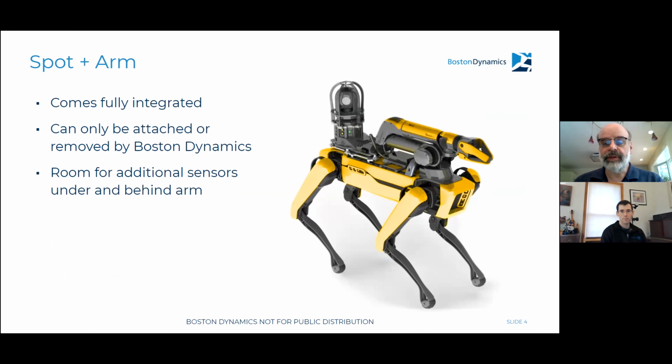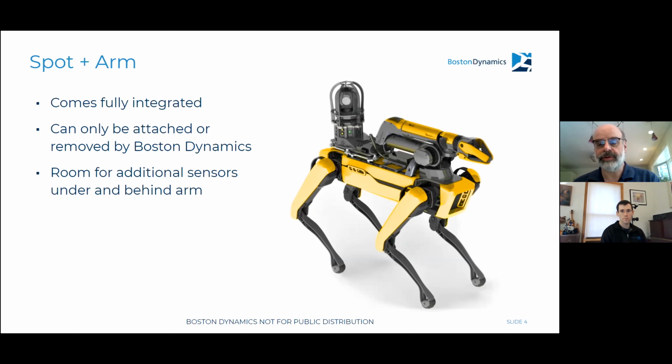So how are we delivering Spot and the ARM? The ARM is really a fully integrated component with the robot. Because of that, it needs to be serviced, attached, and removed by Boston Dynamics. Control of the ARM really is fully integrated with the robot. And as I mentioned already, there's room to add additional sensors under or behind the ARM, either at the gripper or on the body of the robot itself.